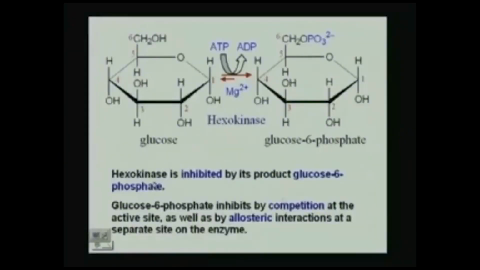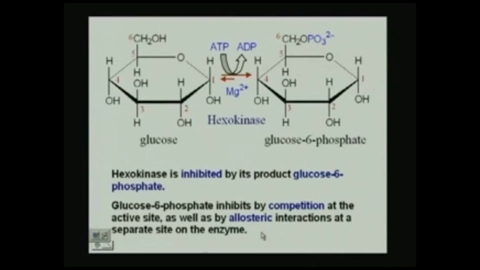Here, that's exactly what I was saying. Hexokinase is inhibited by its product glucose 6-phosphate, and the way it inhibits hexokinase is by competition at the active site as well as by allosteric interactions at a separate site on the enzyme. What does that mean?